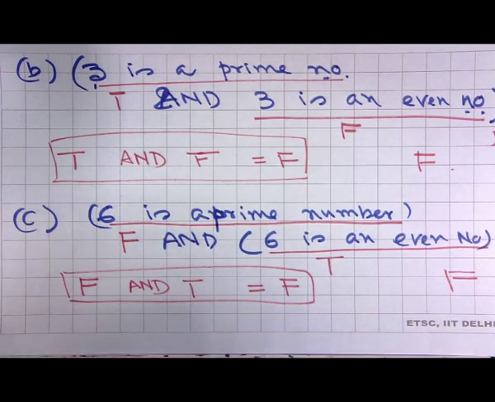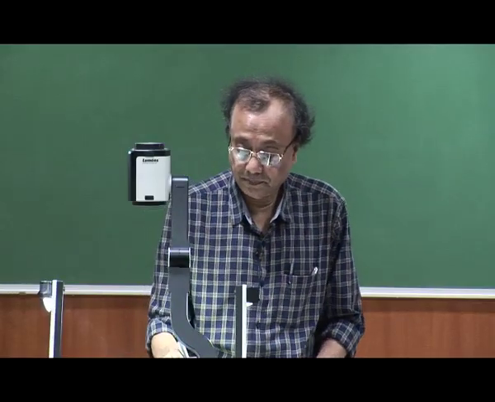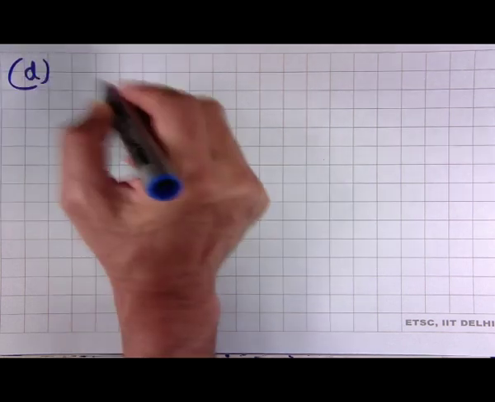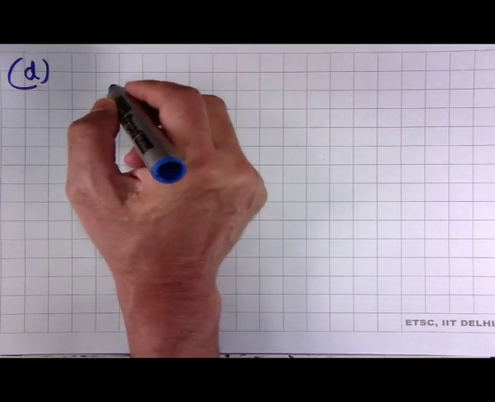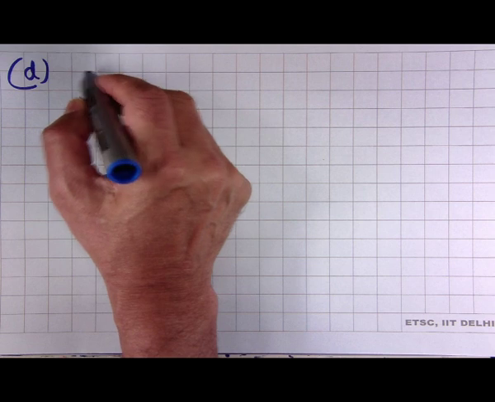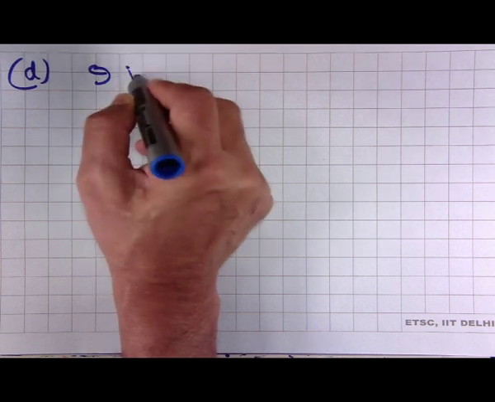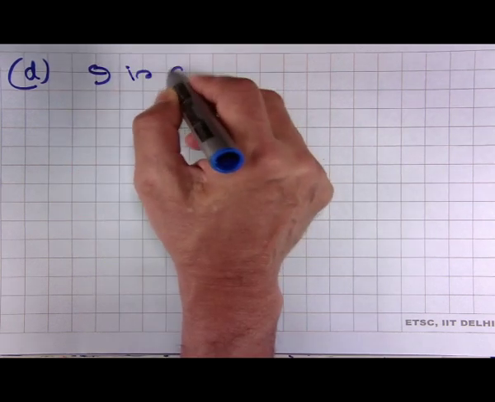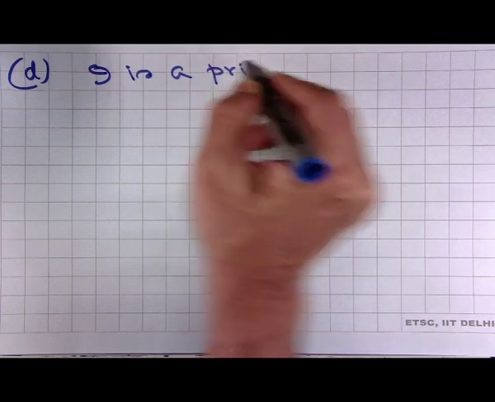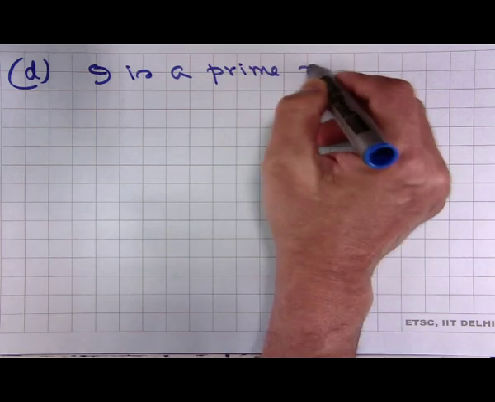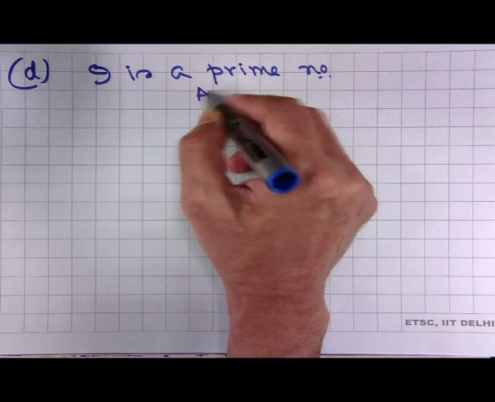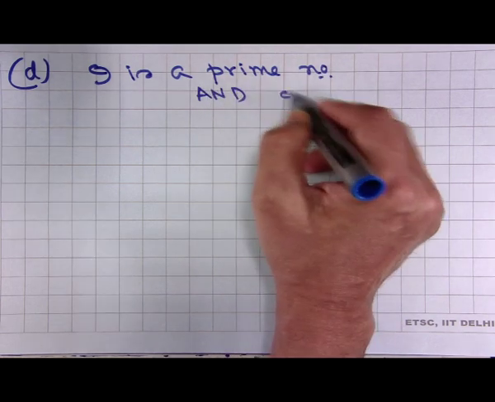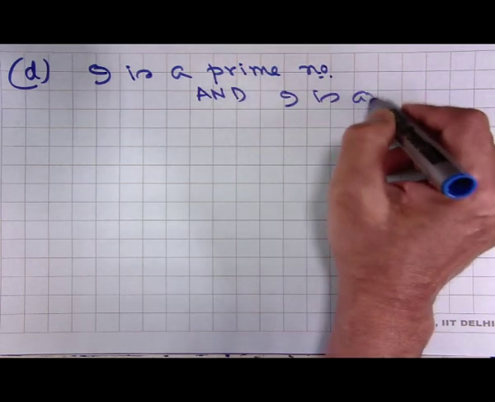Now, let me come to the fourth or the last case. Nine is a prime number and 9 is an even number.